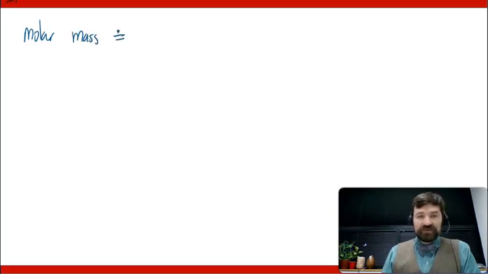Okay, so tying this stuff together, there's then another quantity called molar mass. And molar mass of a substance represents the mass of 1 mole of substance.